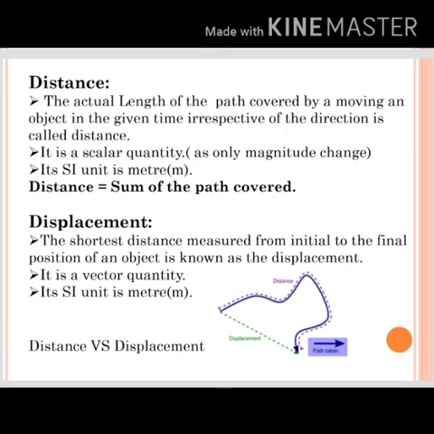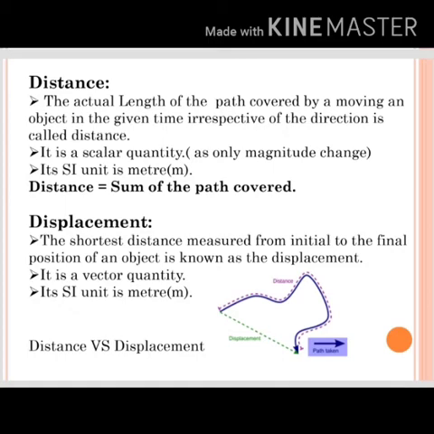Displacement: the shortest distance between the initial and final position is called displacement. It is a vector quantity. For a closed path, displacement is always 0. Take for example if you're moving in a circle, you start and come back to that original initial point.